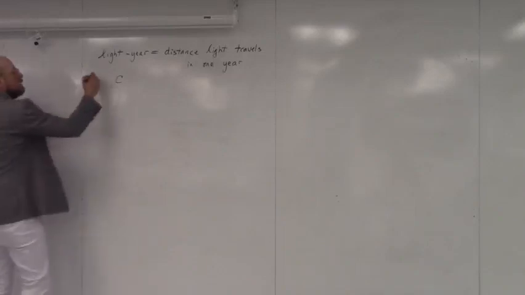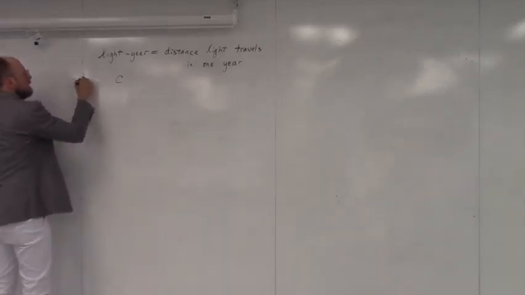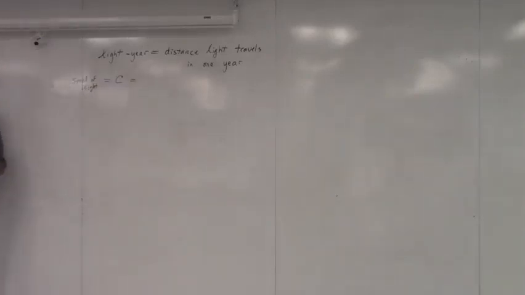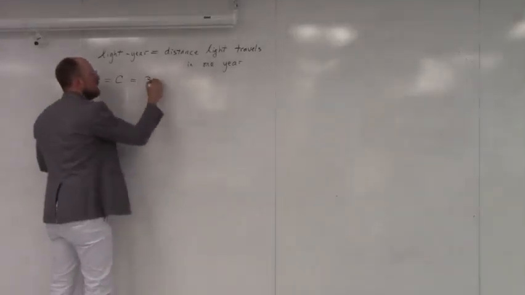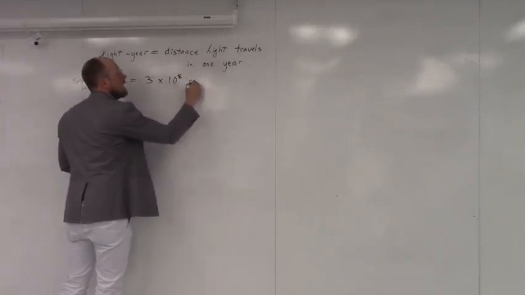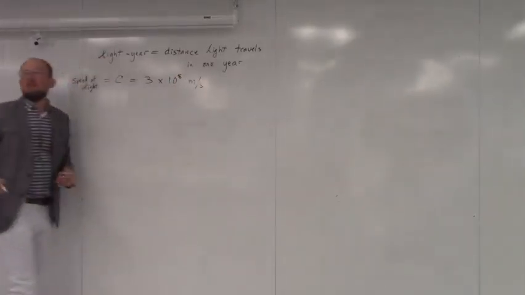So the speed of light, which we call c, has a known value. It's been measured. And that value is 3 times 10 to the 8 meters every second.